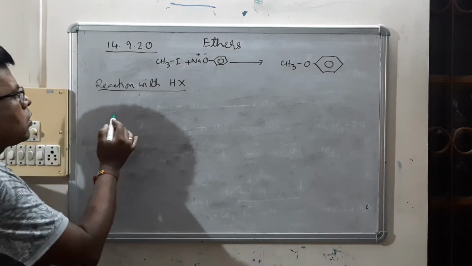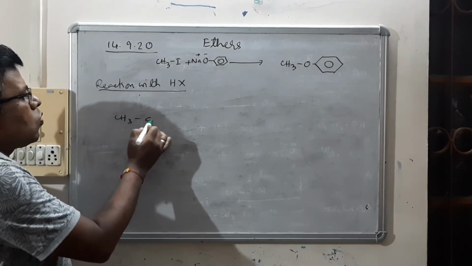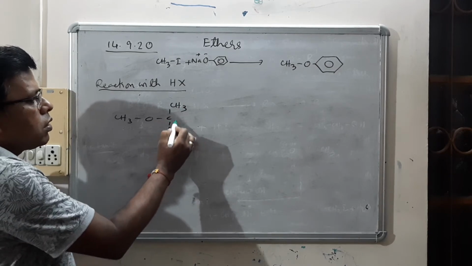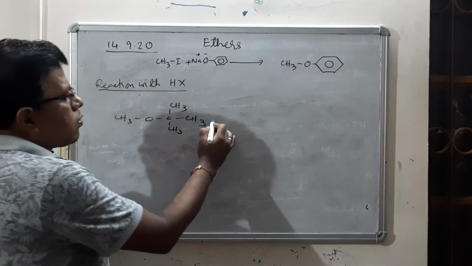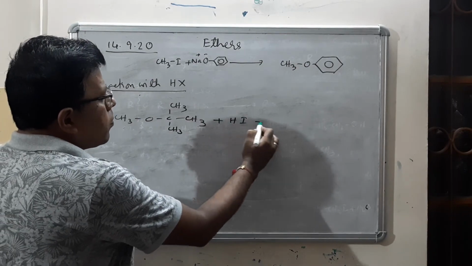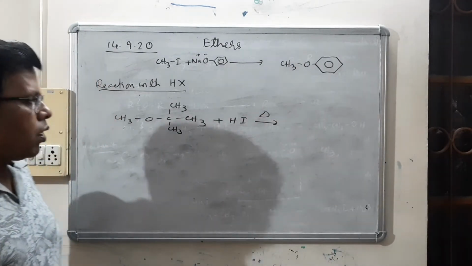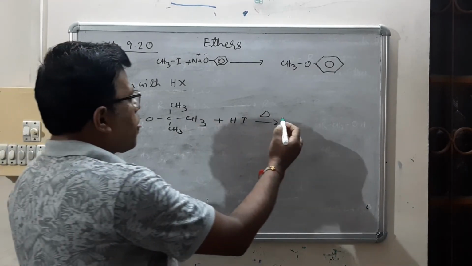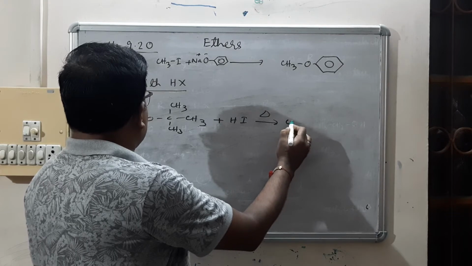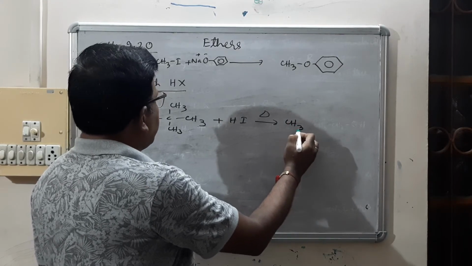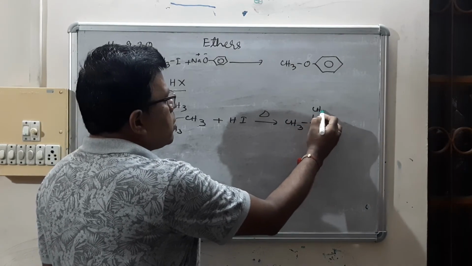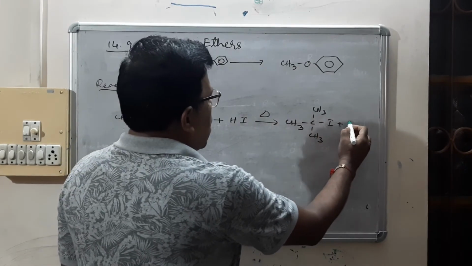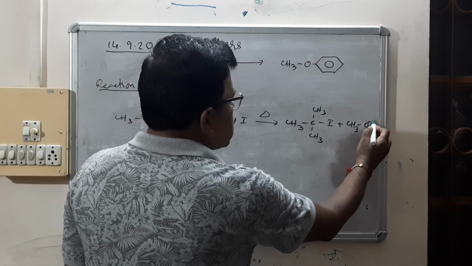Say this reaction, CH3O C(CH3)3 plus HI, heat, and the product we get is (CH3)3C I plus CH3OH.